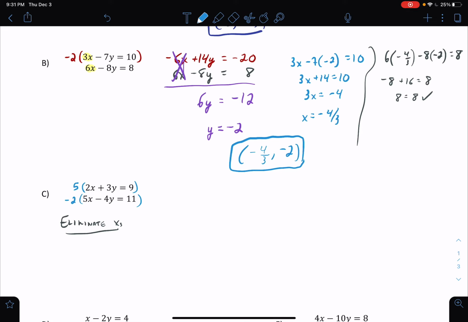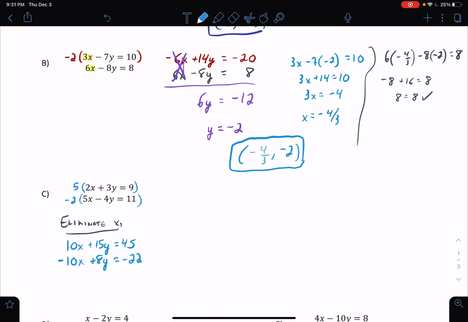That way, the top equation becomes 10x plus 15y equals 45. And the bottom equation becomes negative 10x plus 8y equals negative 22. All right, we got to distribute that number across the entire equation. And then, if you add those together, you would eliminate the x's.